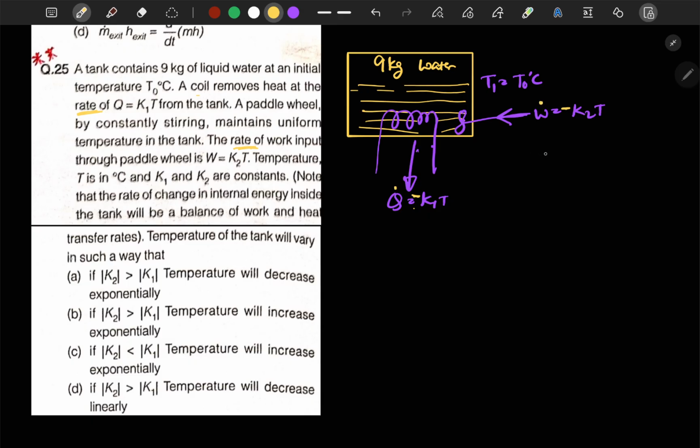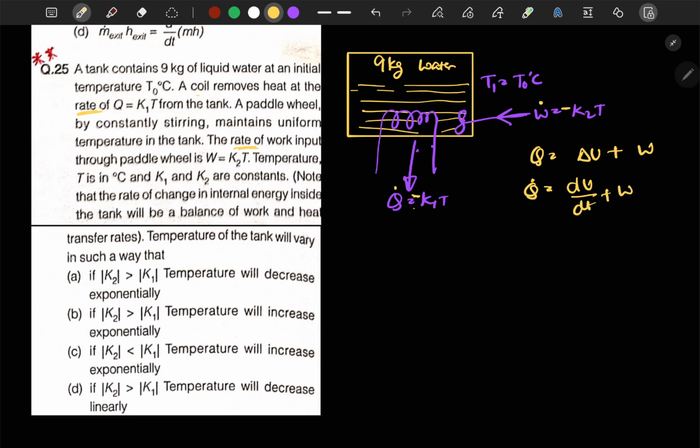If we apply the first law of thermodynamics, we get Q is equal to delta U plus W. If we differentiate it with respect to time, we get Q dot is equal to dU by dt plus W dot.